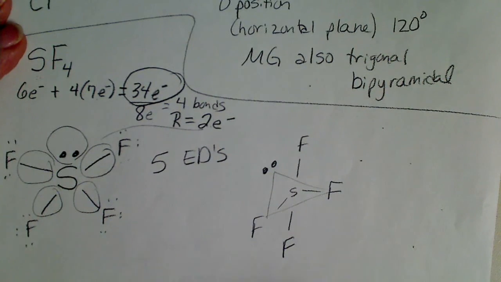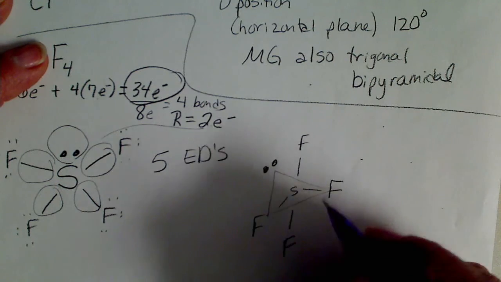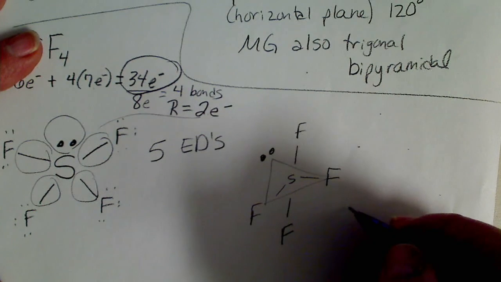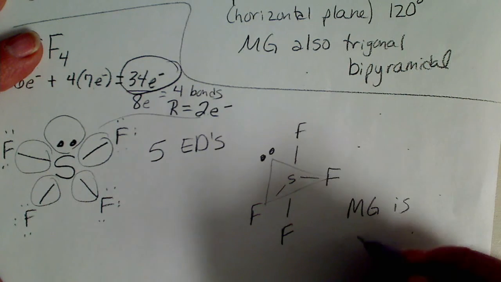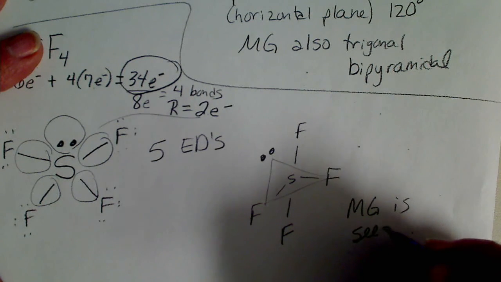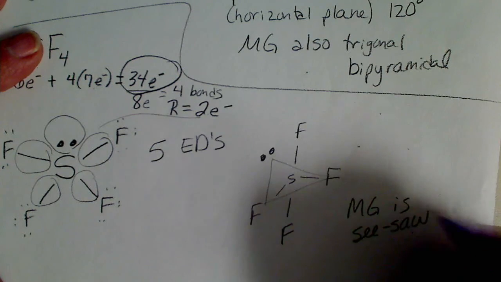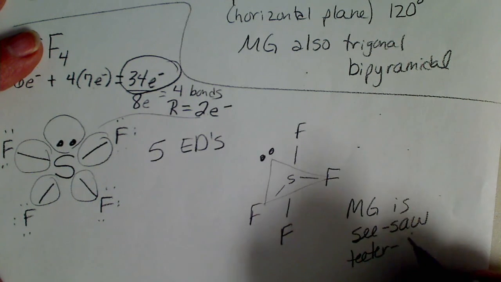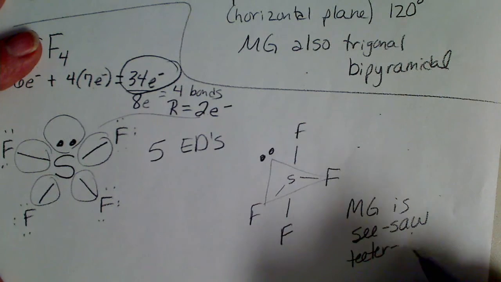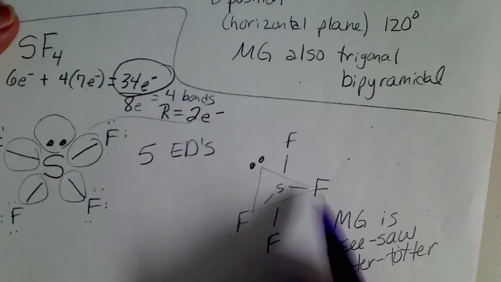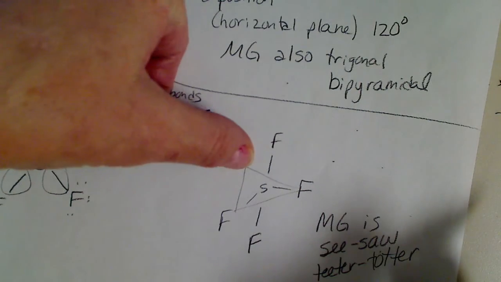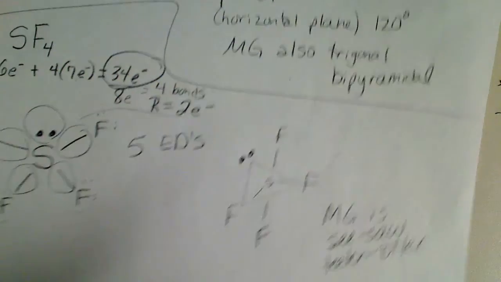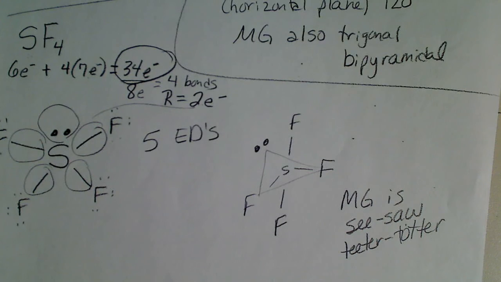So the shapes start getting very unusual for the molecules. This one ends up being the molecular geometry we call seesaw, which doesn't sound very technical. It looks to me like a teeter-totter. So if we built this with balls and sticks, we would not put the electrons on here. This thing would kind of wobble back and forth.